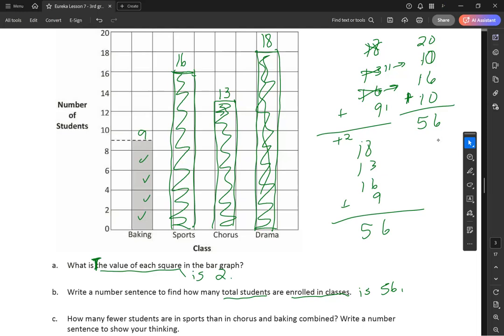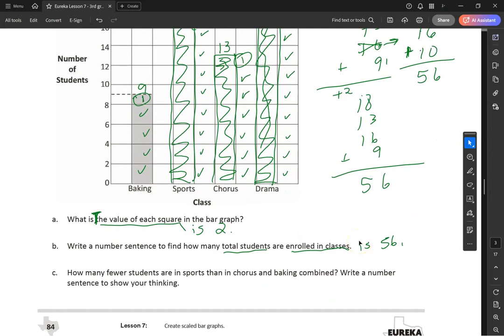That's 1, so I'm going to leave it for later. 2, 4, 6, 8, 10, 12, 14, 16, 18, 20, 22, 24, 26, 28, 30, 32, 34, 36, and a 1. 36, 38, 40, 42, 44, 46, 48, 50, 52, 54, 55, 56. Either way, you get 56.